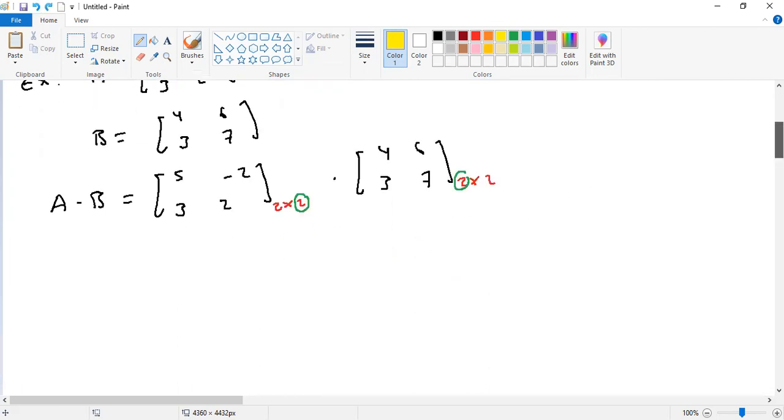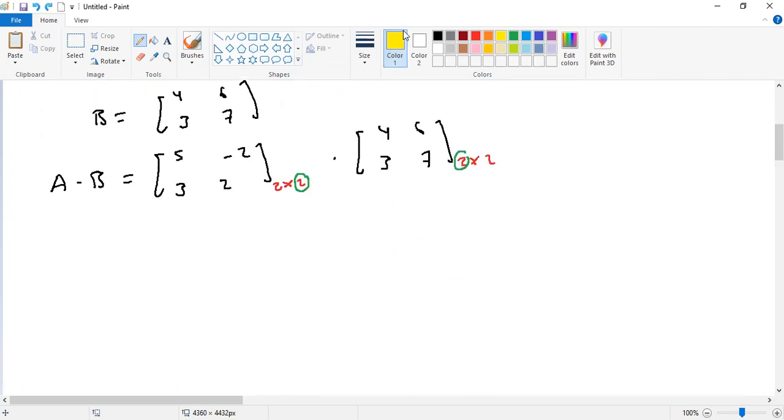We multiply each row of the first matrix. The first row is 5, -2.